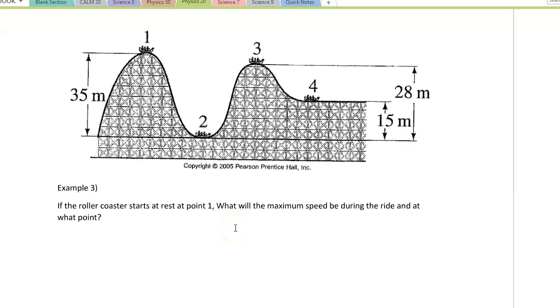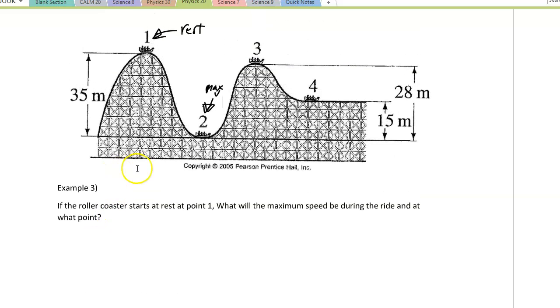The thing is, though, is that this concept doesn't just apply to falling objects. Here, if we've got a roller coaster at rest at point 1, and at maximum speed will be when this potential energy converts to the most kinetic. And so this is where we got the max speed.